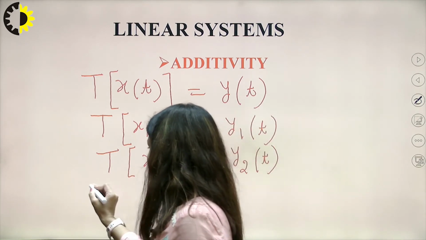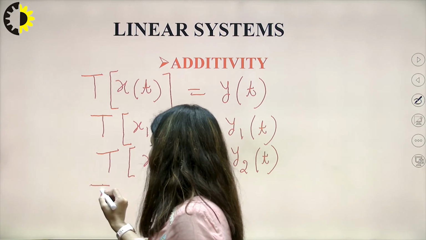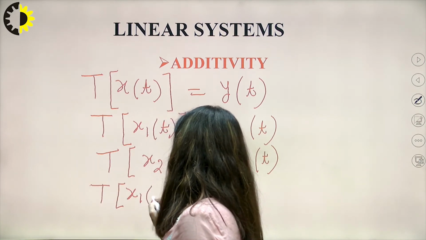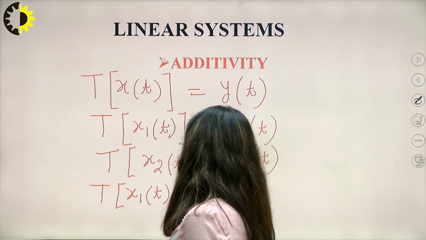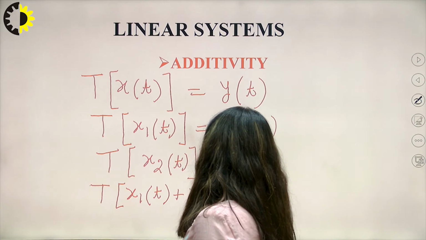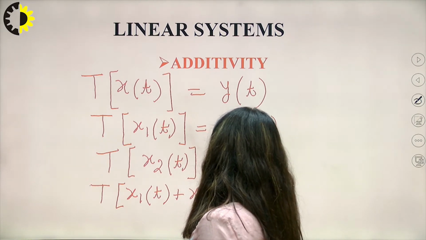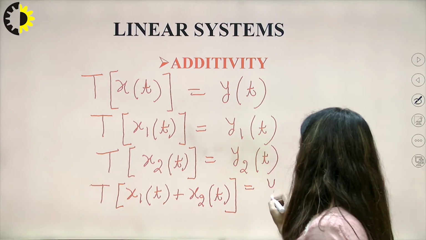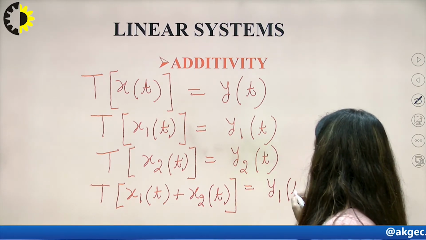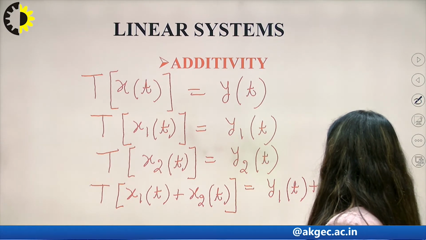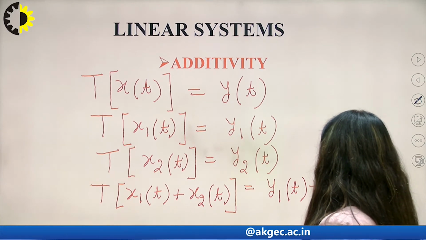That is, the system is linear only when T of x1(t) plus x2(t) is equal to y1(t) plus y2(t).